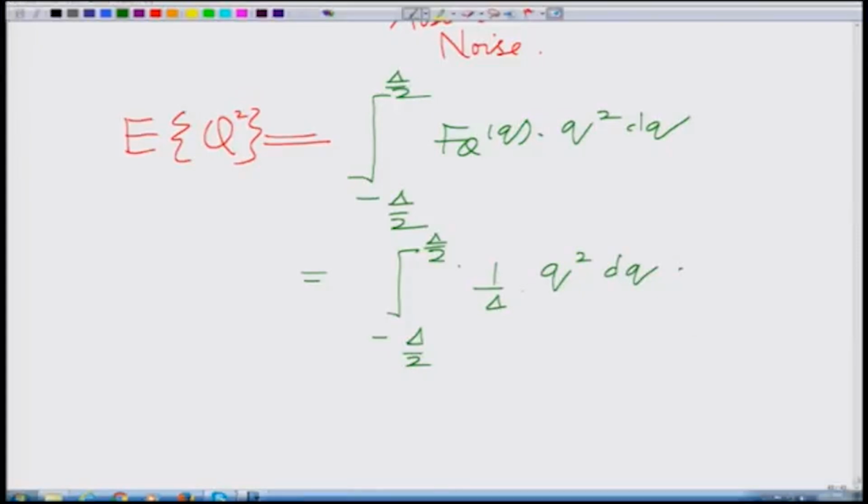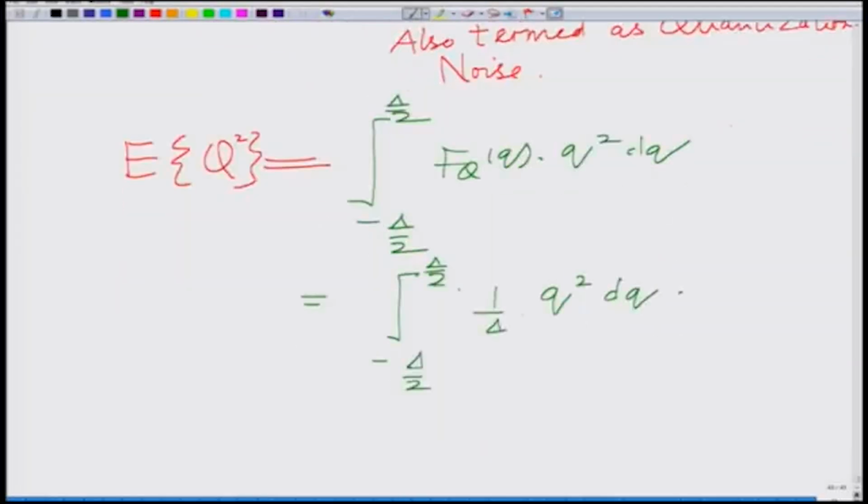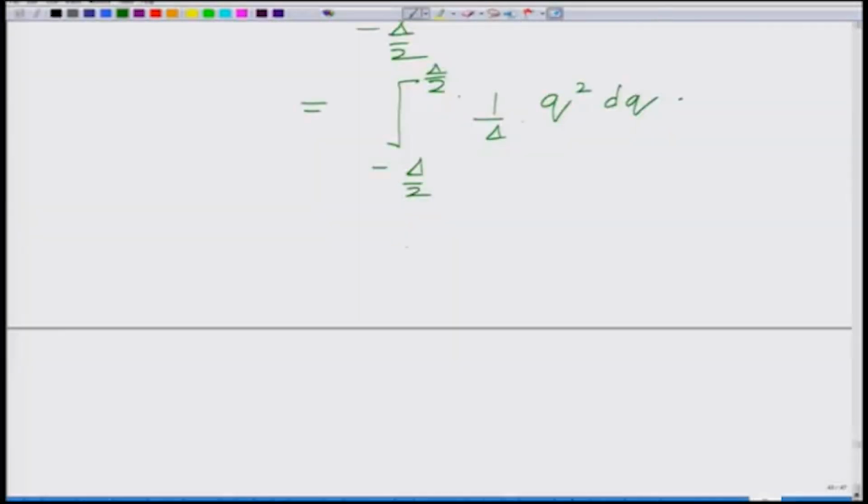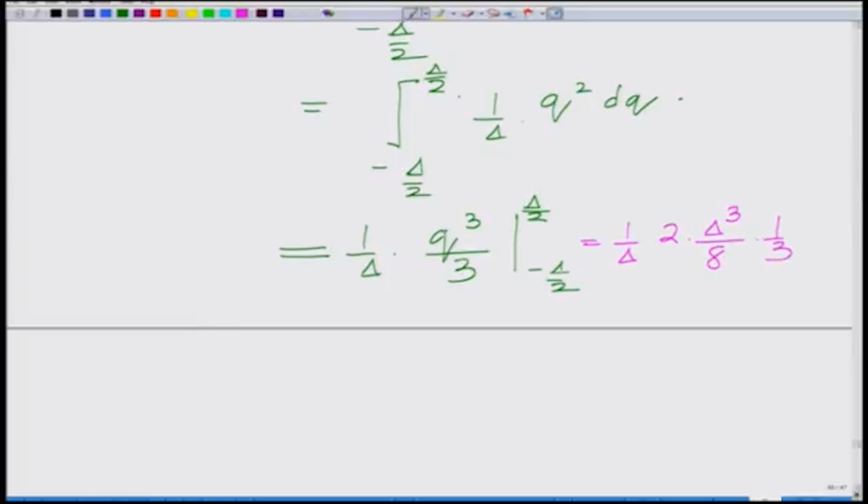That is 1 over delta times q cube divided by 3 evaluated from minus delta by 2 to delta by 2, which equals 1 over delta times twice delta cube divided by 8, into 1 by 3, which is equal to delta square divided by 12.